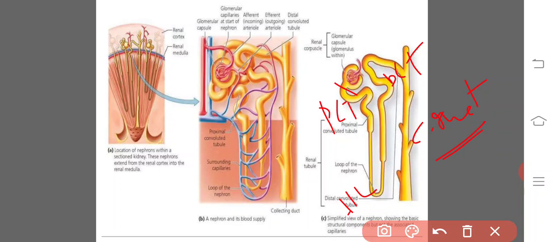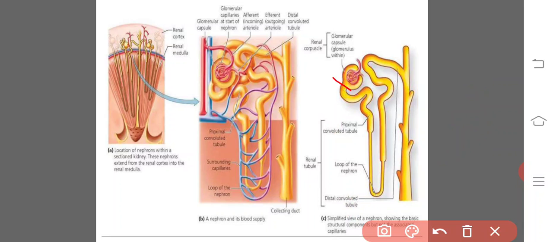See about the proximal convoluted tubule. The neck of Bowman's capsule continues as the proximal convoluted tubule. It is very long and convoluted, which is commonly called the PCT.